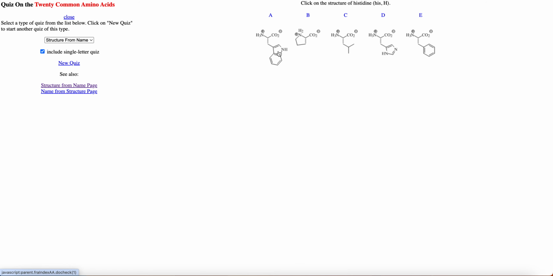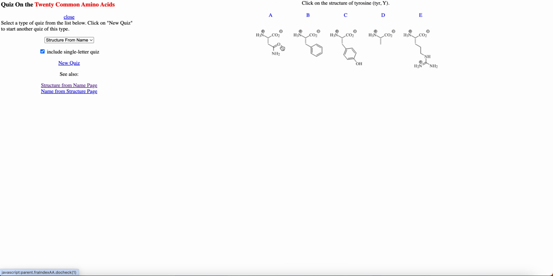Okay, the other structures, this is tryptophan, this is proline, this is isoleucine. And this is histidine, and this is phenylalanine. So I think this is histidine.